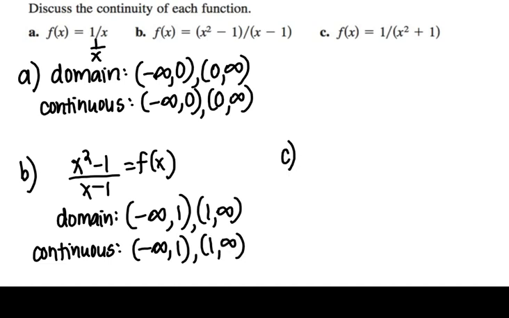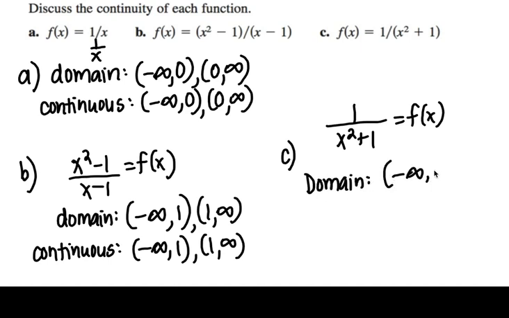And C is 1 over x squared plus 1. Its domain is all real numbers because there's nothing you can put in for x, square it, and get a negative 1. Not in the real number system. So we would have anything plus 1 is positive, right?